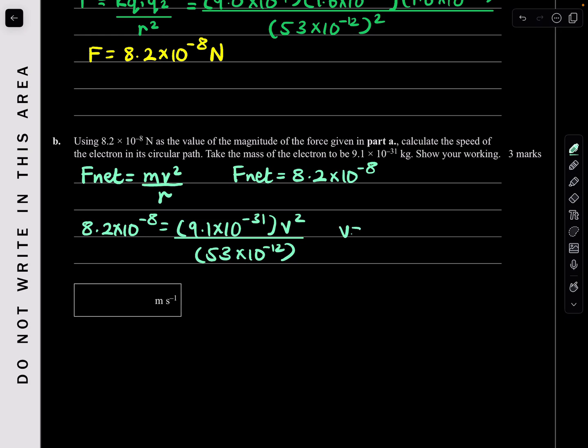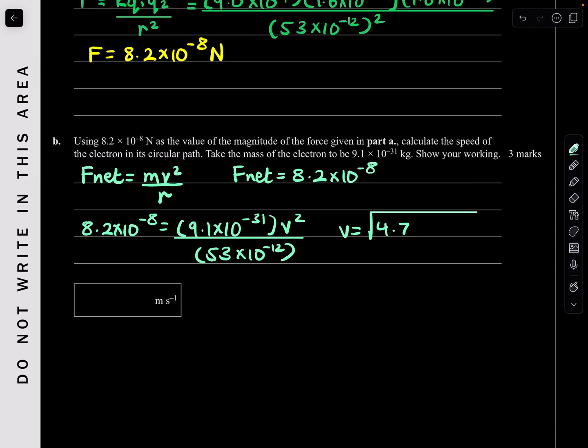Putting the square root here, let's do it in my calculator. So 8.2 times 10 to the negative 8, we multiply by that 53 times 10 to the negative 12, and then we divide that value by 9.1 times 10 to the negative 31. And we get this, and we take the square root of that.